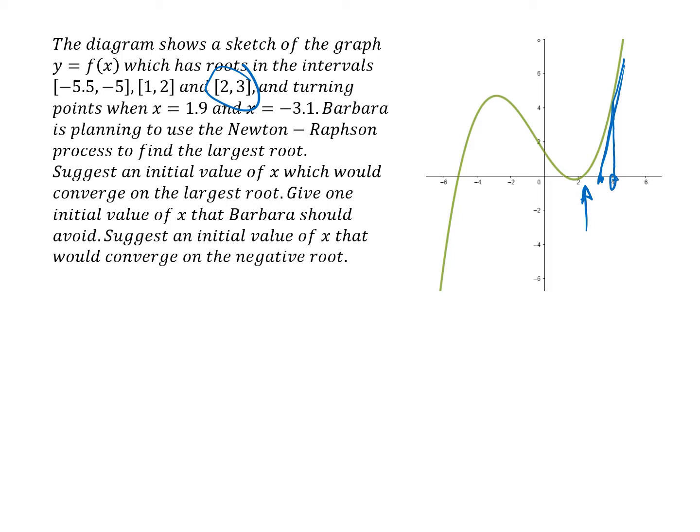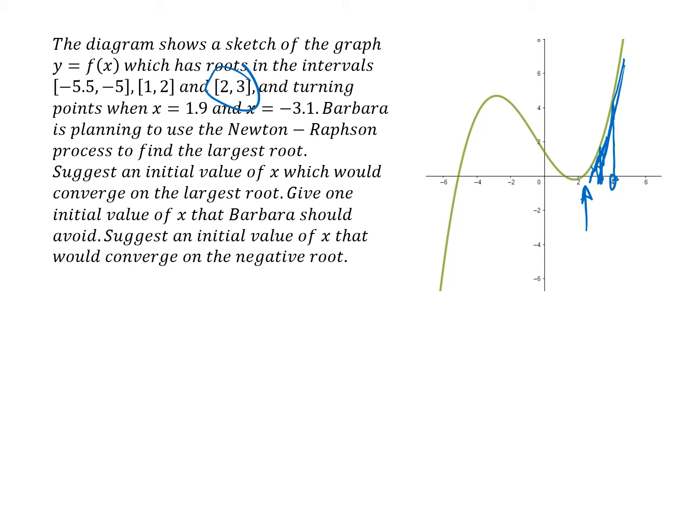So clearly that value that I've just chosen there would lead to an approximation which would be better and get closer to the root 2. So any value to the right of the root would converge on the root. In fact, values of x greater than, or to the right of, if you like, the turning point would converge on that root as well.